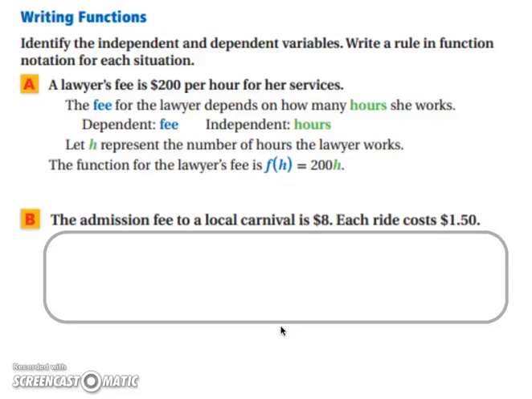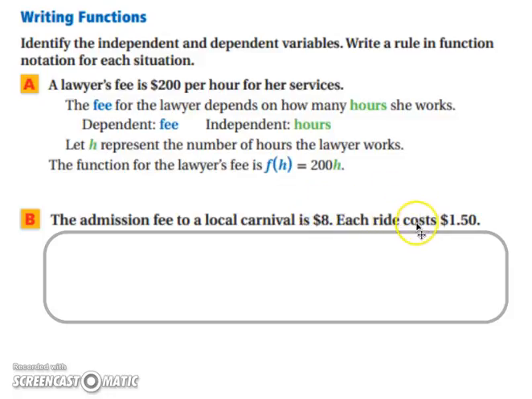Now that you've had a chance to try it on your own, let's look at it together. This one's a little bit more tricky than the one we did earlier because it has two sets of values. The admission fee to a local carnival is $8. That's this initial fee. It's just going to be added on to whatever you end up getting.